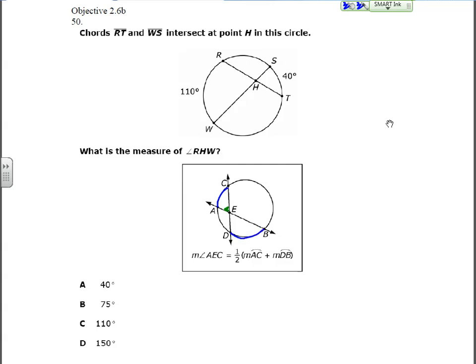So essentially, that angle is half the sum of the arcs that it and its vertical angle create. So applying that up to here, if we're looking for RHW, which is right here, that's going to be half the sum of the arcs it and its vertical angle create.